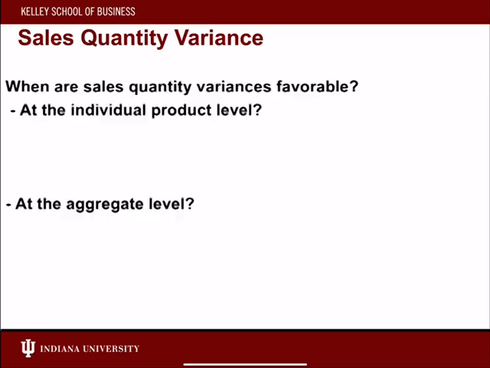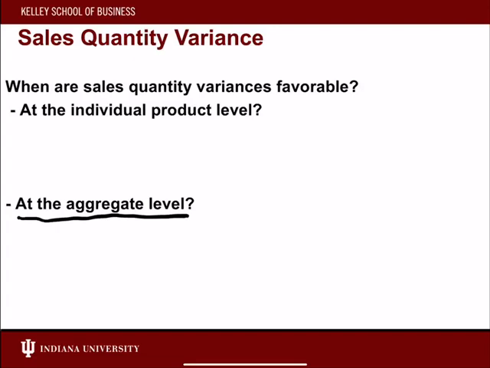And so let's see that in action. At an individual product level, you'll have a favorable variance anytime your overall sales are greater than budgeted. Not just this product, but all products. So at the aggregate level, all it does is value the overall amount of that favorable or unfavorable attributable to each product.